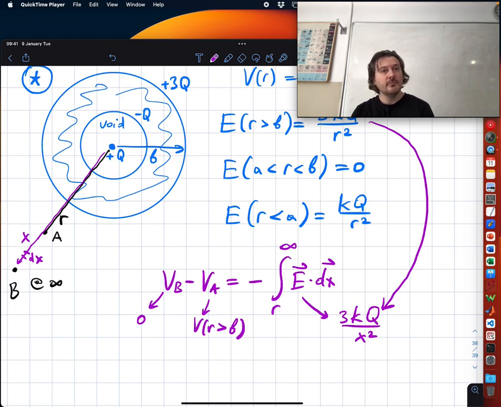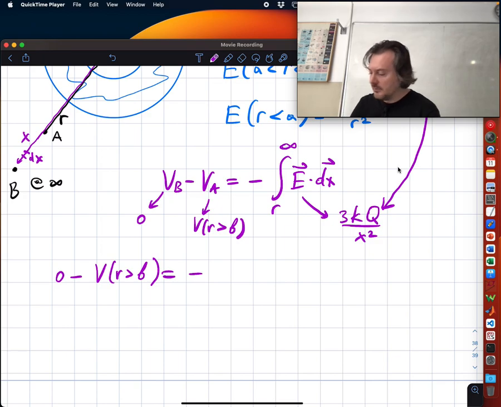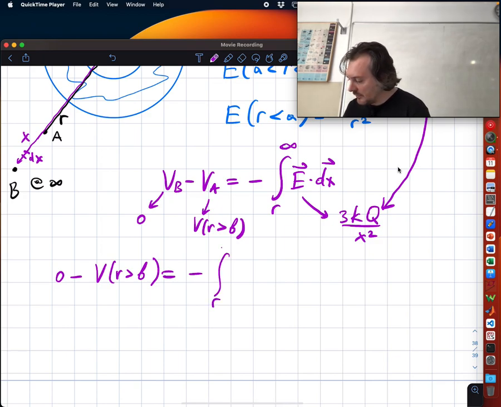Alena, you are following? Yes? So 0 minus V at r greater than b is equal to negative integral from r to infinity of 3kq over x squared dx.